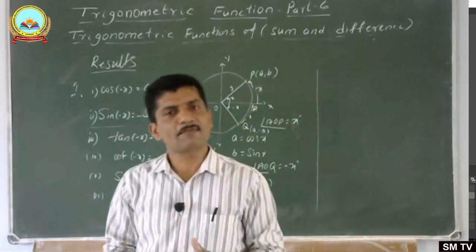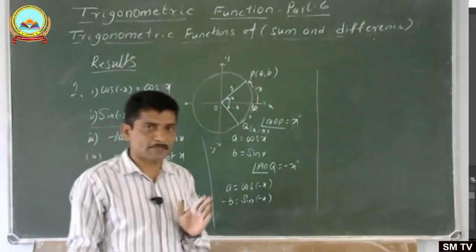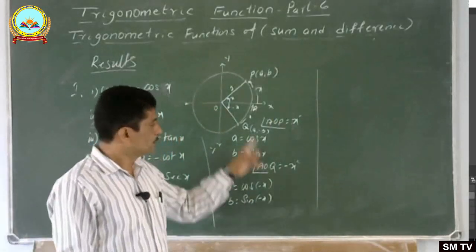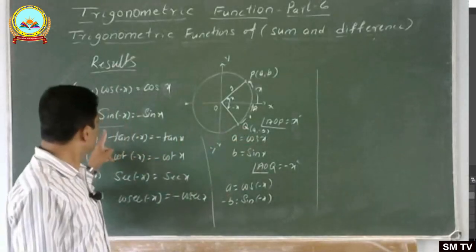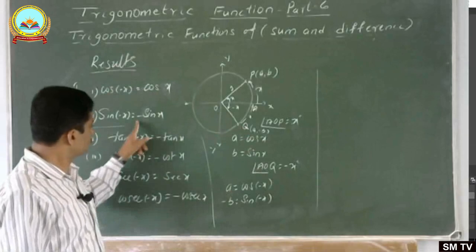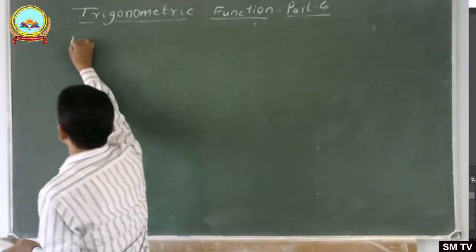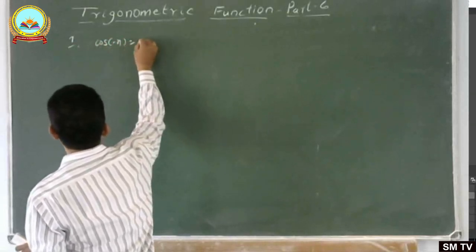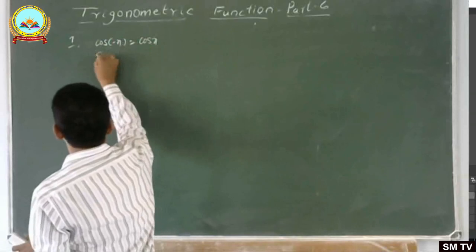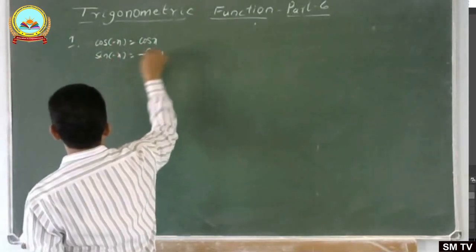Or, with the help of the signs in different quadrants, this minus x lies in the fourth quadrant. In the fourth quadrant, only cos and secant are positive. The remaining trigonometric functions are negative. Because here cos of minus x is equal to plus cos x, and sine of minus x is equal to minus sine x.